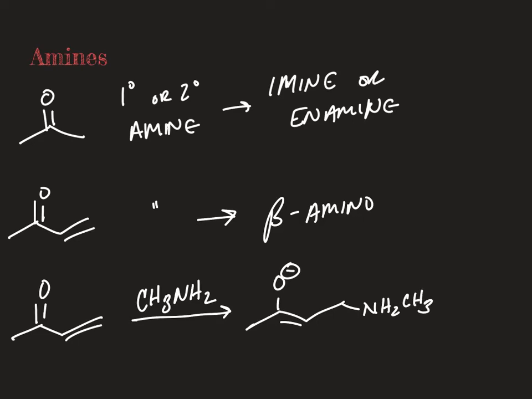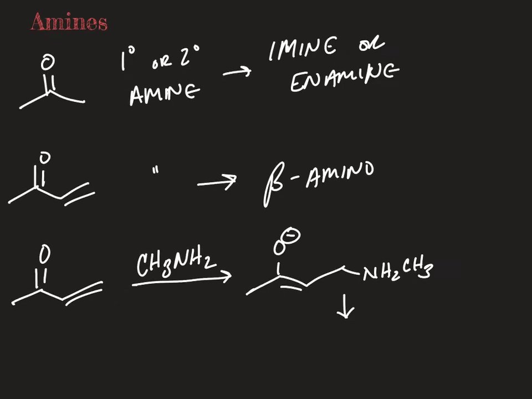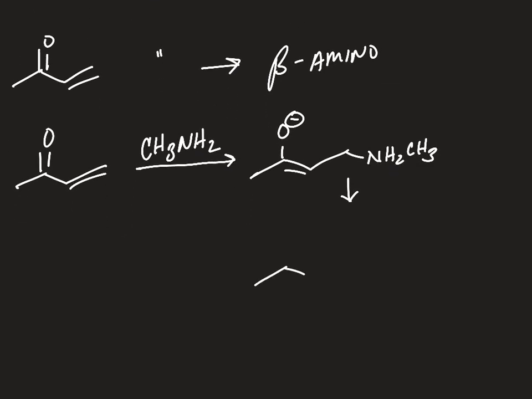And what you will get in the end, oops, there's a positive charge up there, sorry, is that beta amino, in this case ketone. And this will be the sole product. Again, even though there will be some imine formation, that imine will revert back to starting material, which eventually will trickle into this final product.